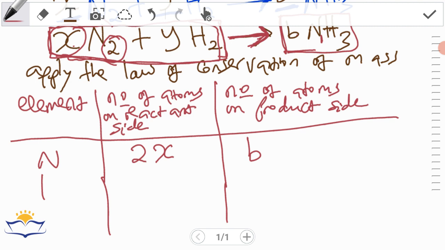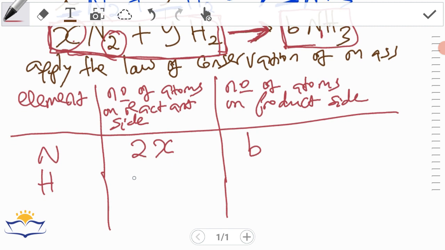We can move forward to hydrogen. Same thing. Total number of hydrogen atoms ku reactant side. The total number of hydrogen atoms is the coefficient Y times the subscript 2, right? So Y times 2 gives us 2Y.